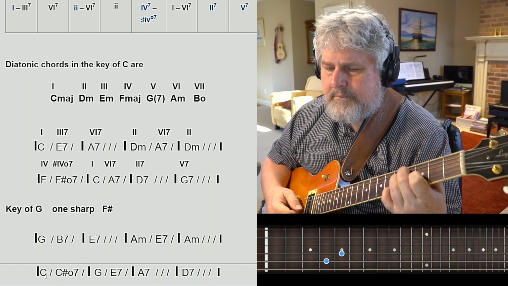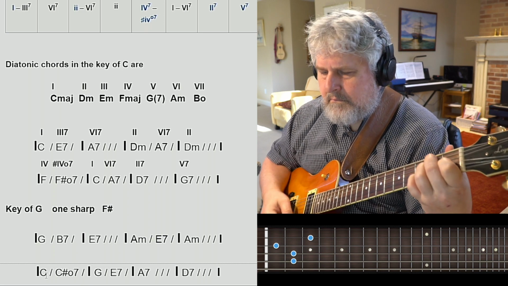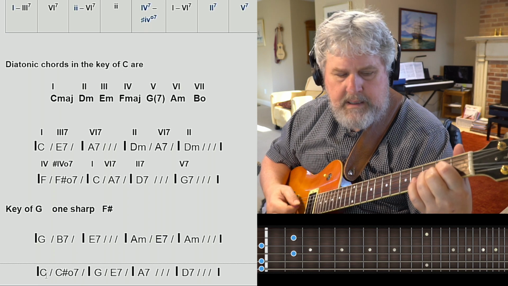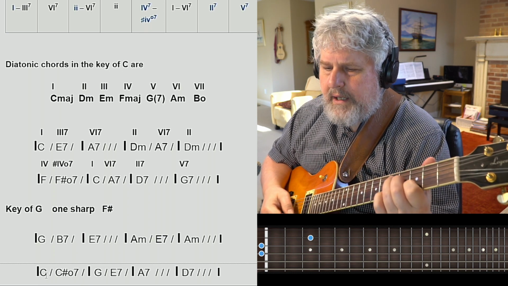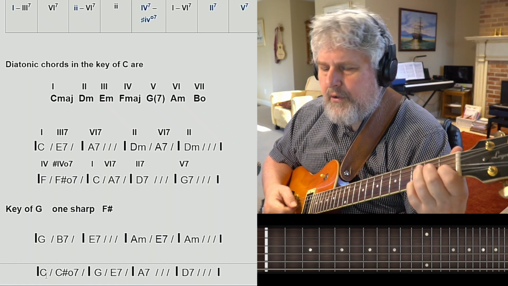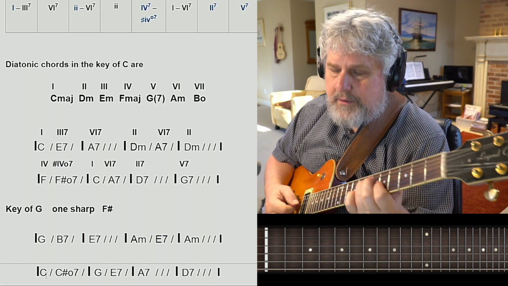And then the 4 chord, C major, the 4 chord in the key of G, C, A7, 2/7, G. As you can hear, it's the same progression.